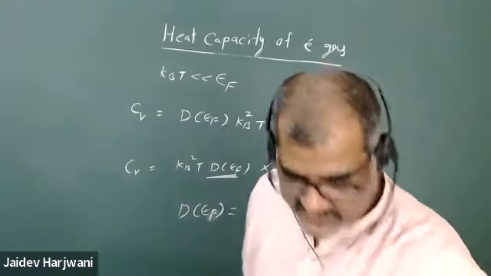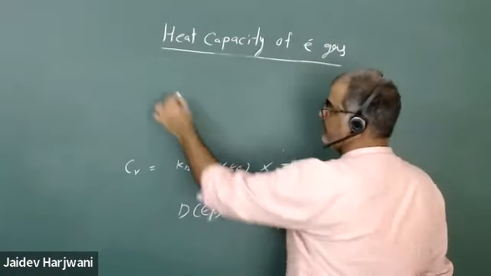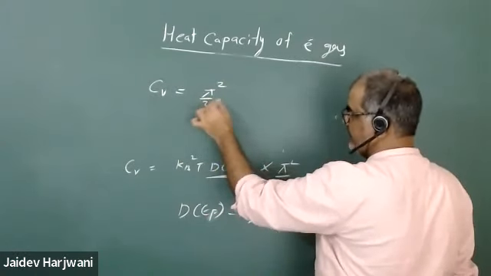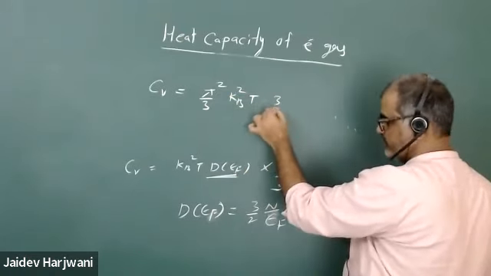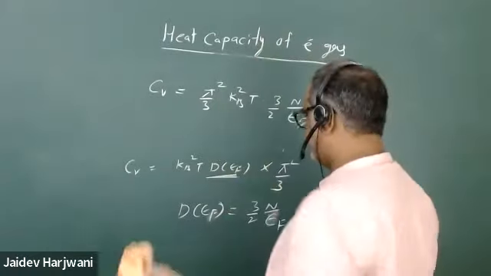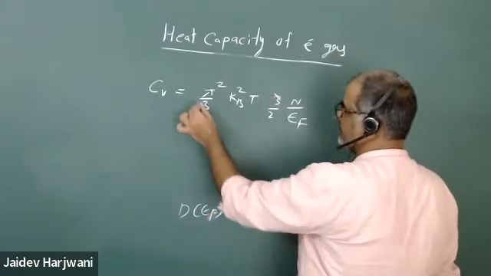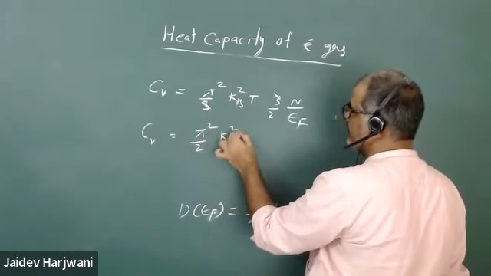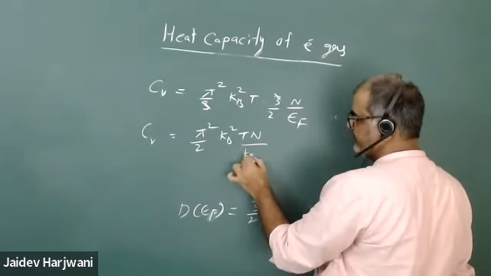If you plug it in, I can write the specific heat as pi square by 3 kb square t, and this density of states 3 by 2 n by EF. The 3 cancels, so I have C is equal to pi square by 2 kb square t times n, and EF I can write in terms of the Fermi temperature.